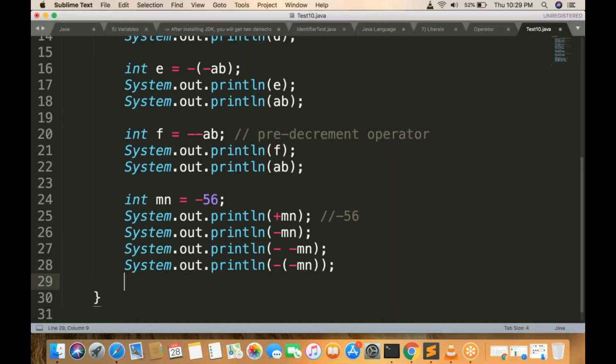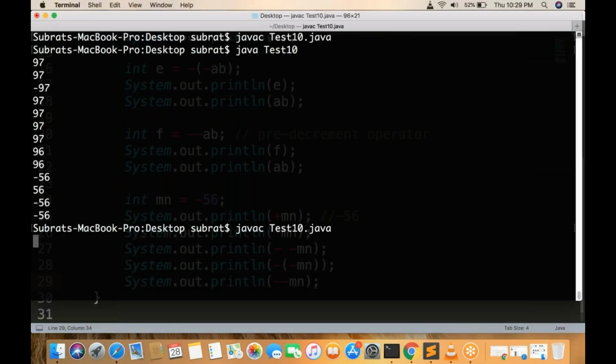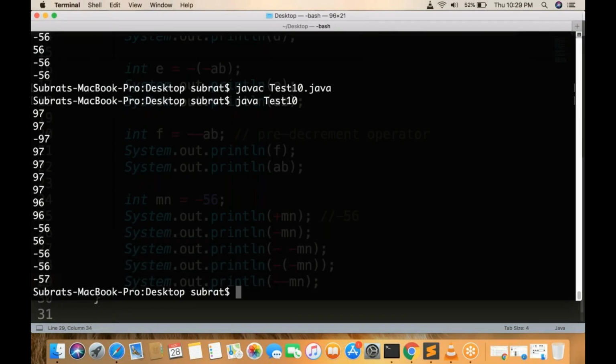Minus 56. So suppose I am writing minus minus mn, what will it print? Minus 55. Clear? Now I think it is clear.